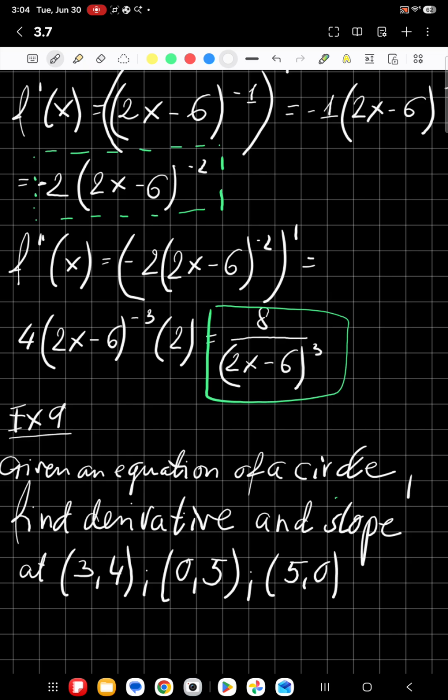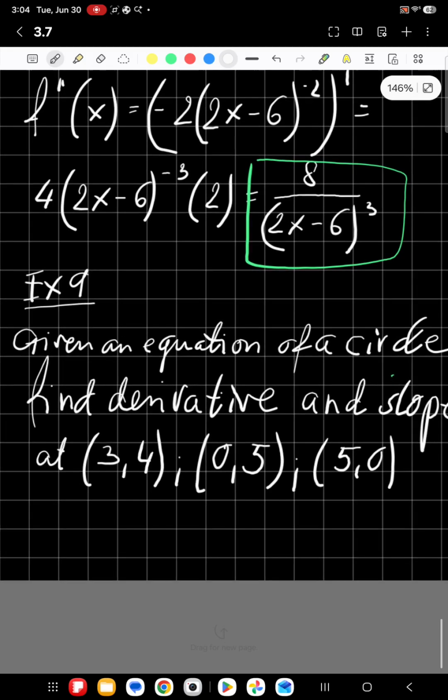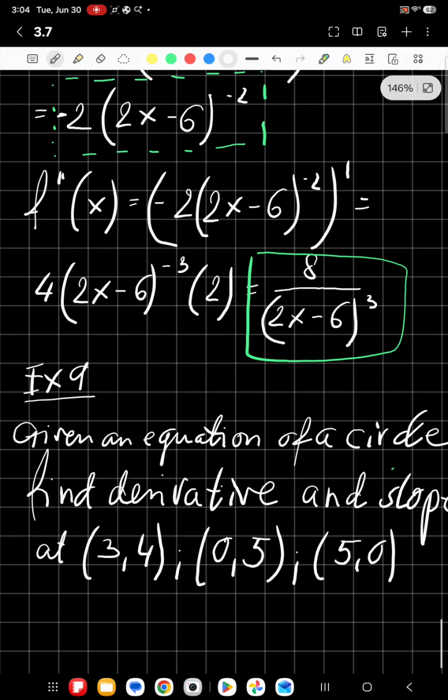Okay, so the equation of a circle looks like this. It's just going to be the upper half of it. So y equals square root of 25 minus x squared.